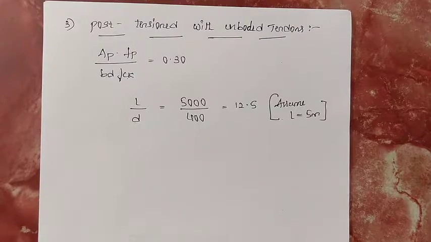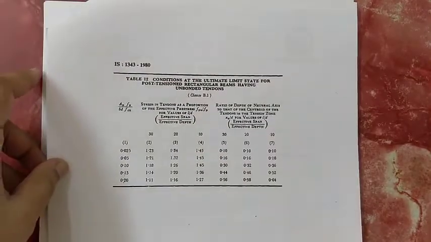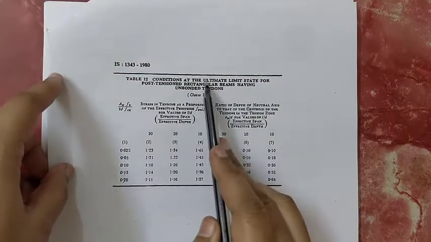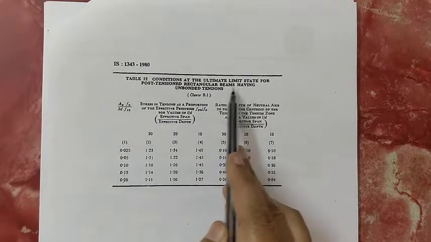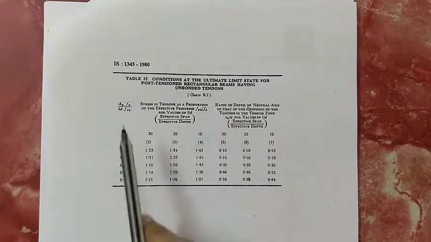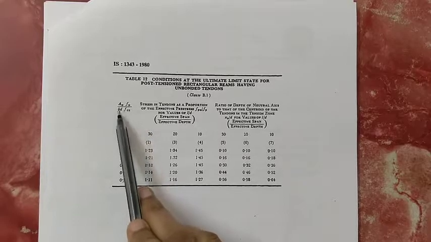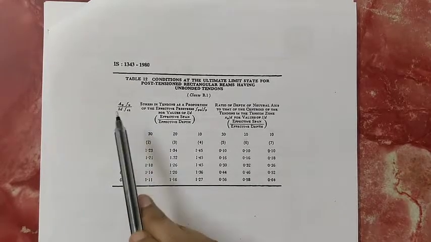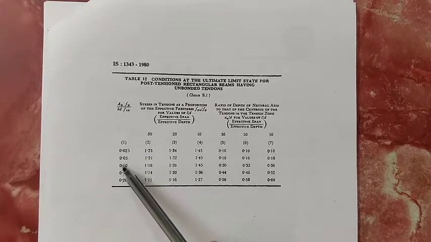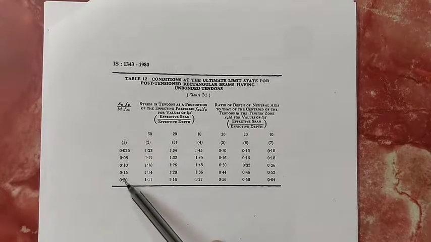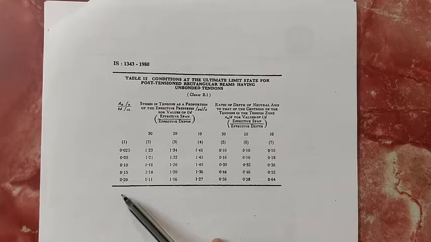For this post tension with unbonded tendon, you need to refer to table number 12. You can observe here the conditions at the ultimate limit state for post tension rectangular beam having unbonded tendon. So here, for APFP by BDFCK equal to 0.30, observe in this column: 0.025, 0.05, 0.10, 0.15 and 0.20. 0.30 is not there.